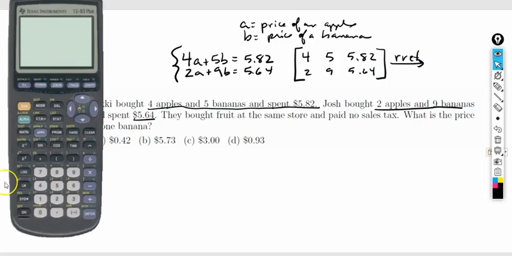So let's get our matrix up here. Let's get out of that. Let's get into the matrix menu, go over to the editor. My augmented matrix is a 2 by 3. So I've got 4, 5, 5.82, then 2, 9, 5.64.